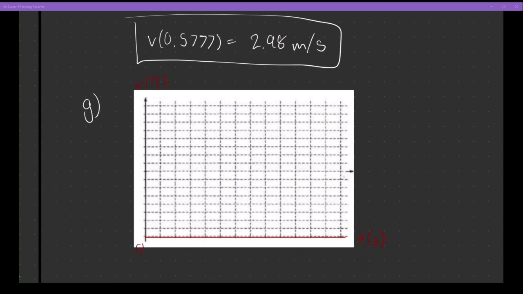I'll say this is increments of 2. And I'm going to increment by 20 up every block. So 20, 40, 160, 180, 200, 220, 240, 260, 280, 300. I'm going to stop it at 300 right there.